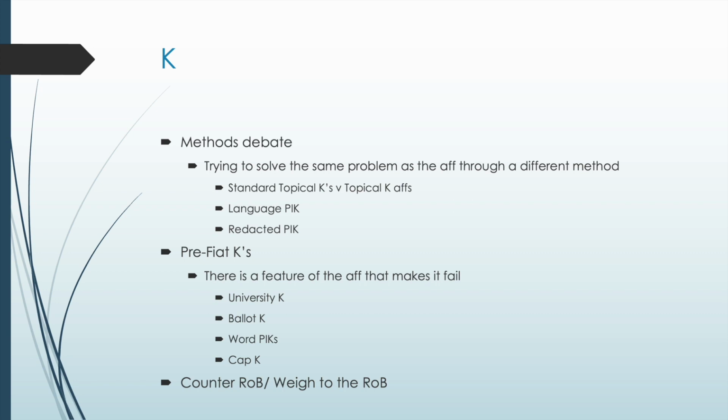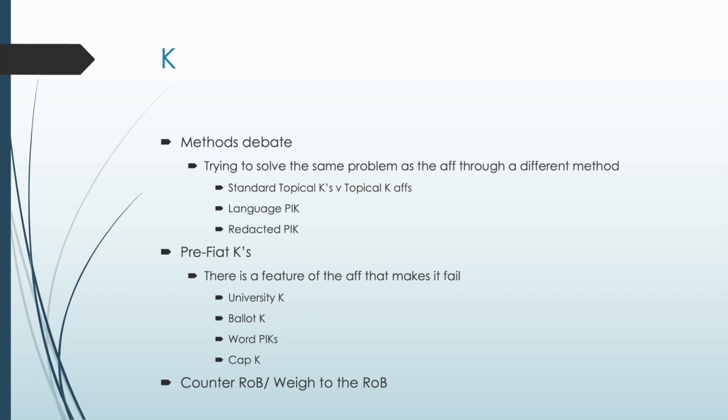There's also a lot of picks that serve as method stuff, like language pick, like read the advocacy text of the Aff in a different language, a language other than English, for purposes, a lot of times that impacts to things like disrupting the colonial nature of English.